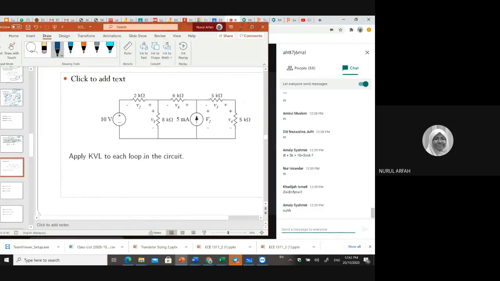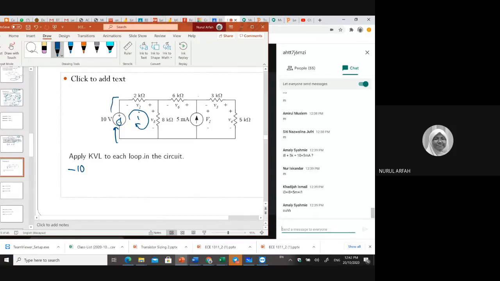Alright, okay, apply KVL to each loop in the circuit. Okay, this loop. Anyone? Okay, I give you some example. Number 1, if you look at here, anything you see the polarity, you take it as the sign. So this is a negative 10.